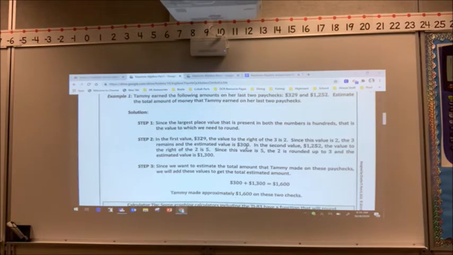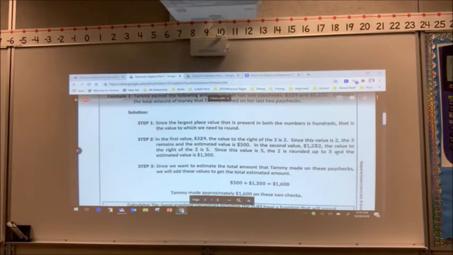In the second value, $1,252, the value to the right of the 2 in the hundreds column is a 5. Since this value is a 5, the 2 is rounded up to a 3, and the estimated value is $1,300.